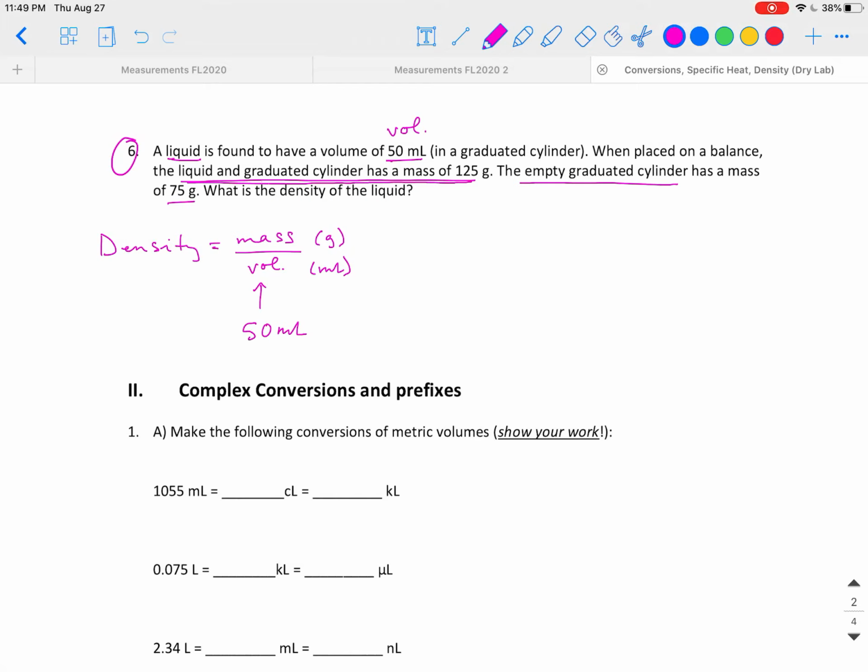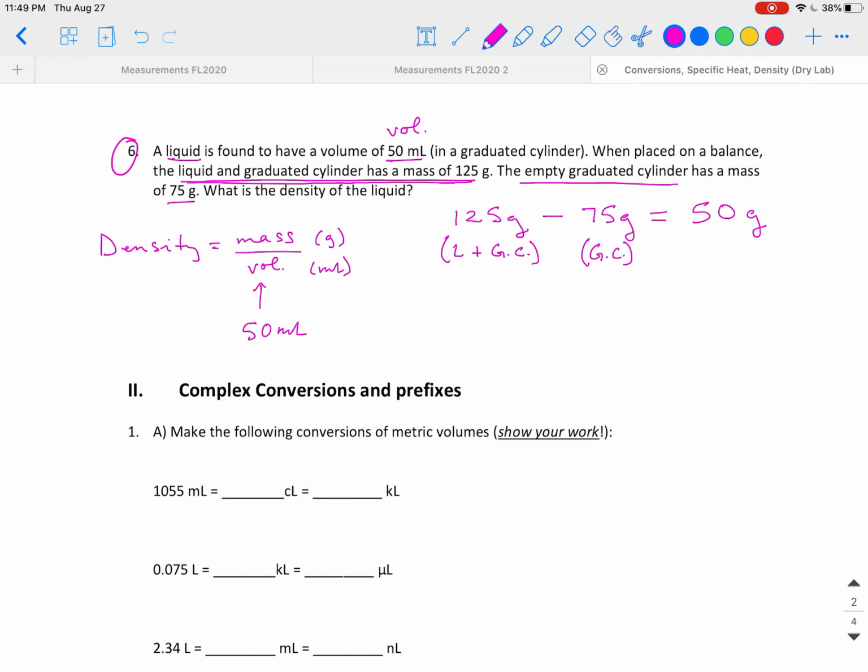So if we take the mass of the liquid and the graduated cylinder, 125 grams, remember this is the liquid plus the graduated cylinder, I'm going to abbreviate. We're going to subtract off the mass of just the graduated cylinder, which is 75 grams. So that is just the graduated cylinder. And what we will get is the mass of the liquid, which is 50 grams.